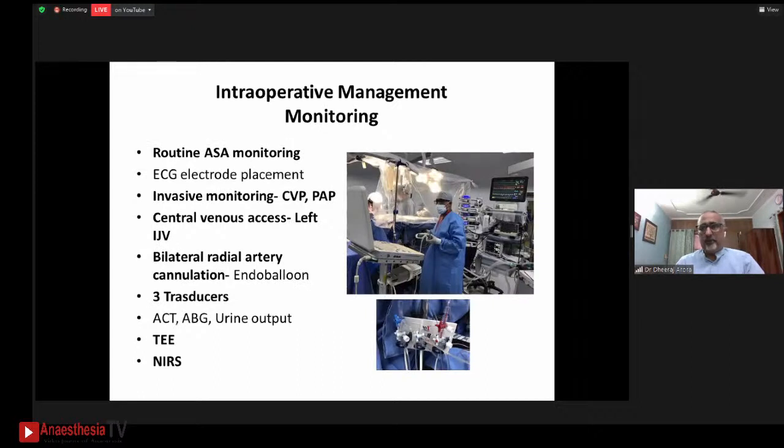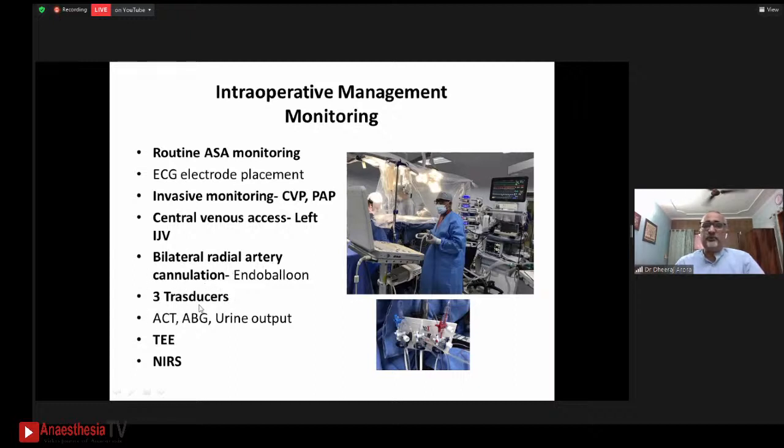Monitoring: routine monitoring is used in all these patients. Apart from that, the important thing is whenever we are using an endo balloon in these patients, we have to use bilateral radial artery cannulation, because if there is any malposition of the endo balloon, the right radial artery will show a deformity in the right radial pressure. And we have to use more than 2 transducers in these patients.